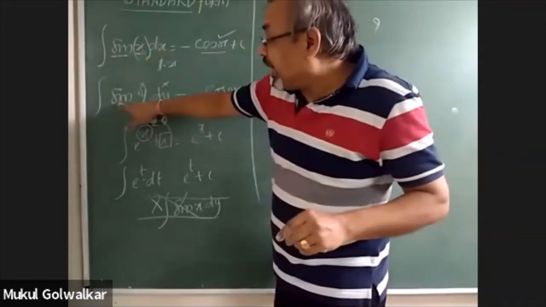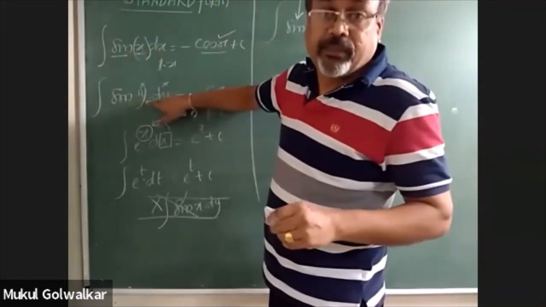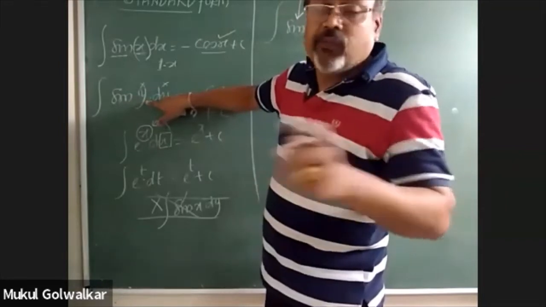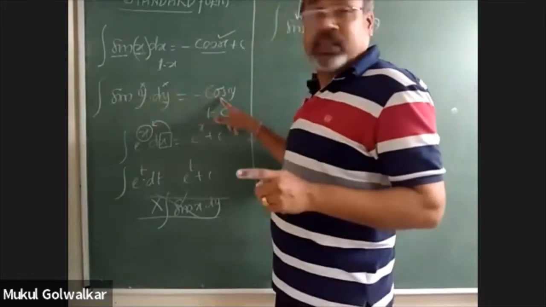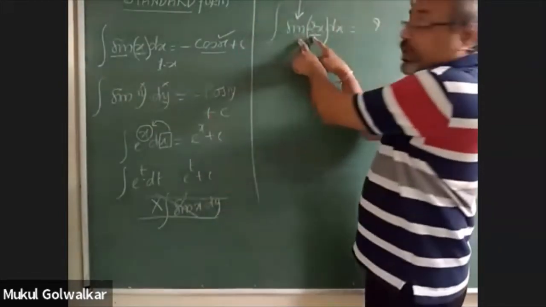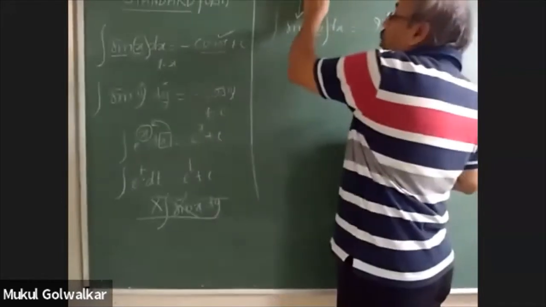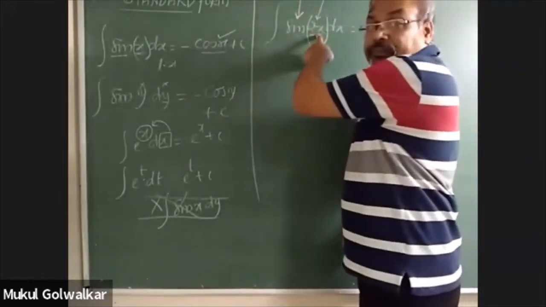Likewise, if we have sine y, the sine function is associated to the variable y or angle y, and what is the coefficient of angle y? 1. So we can write that answer quickly. And why are we not able to write down the answer over here? Because the coefficient of angle is not equal to 1, but something other than 1.